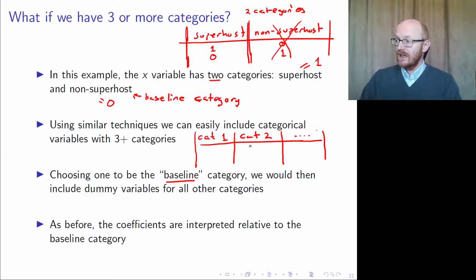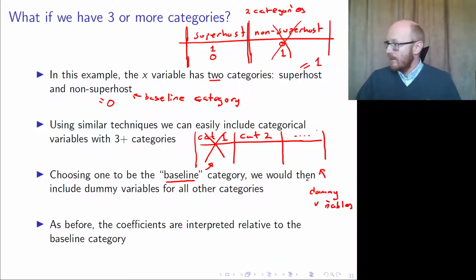For example, if category 1 is the baseline, then you include the dummy variables for all the other categories.